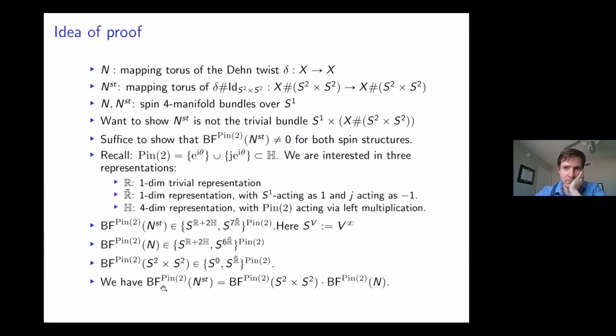Essentially, because this comes from M by doing a single stabilization, we have this formula: the Bauer-Furuta invariant of the stabilized mapping torus equals the product of these two Bauer-Furuta invariants. If you have two elements in a stable homotopy group of spheres, you can just multiply them together. Any questions?